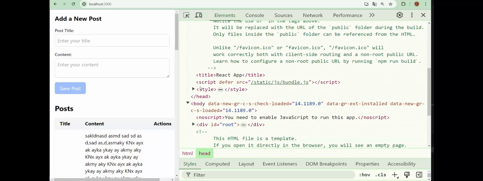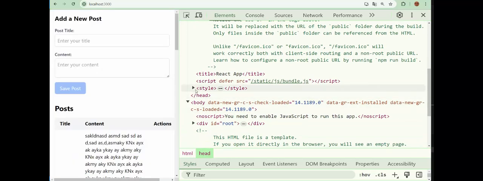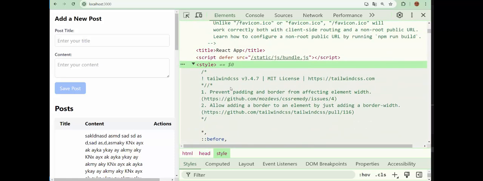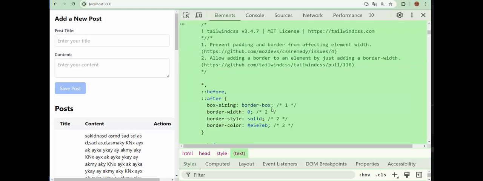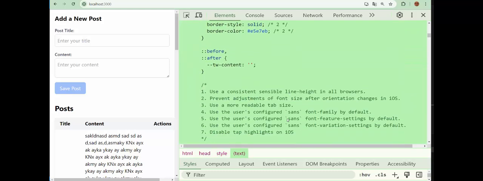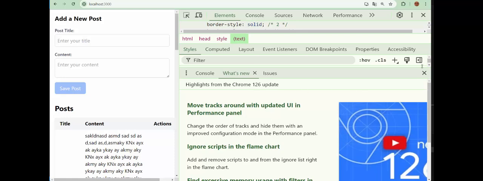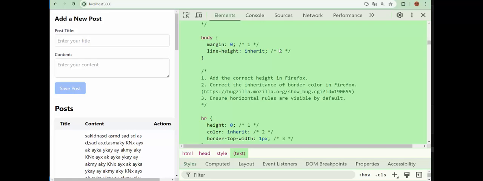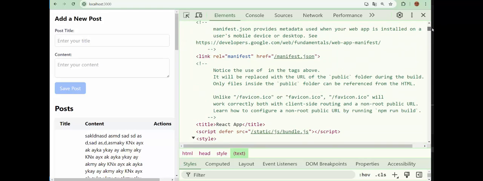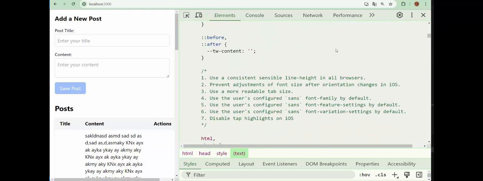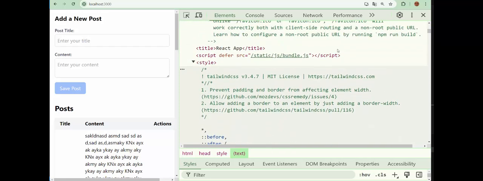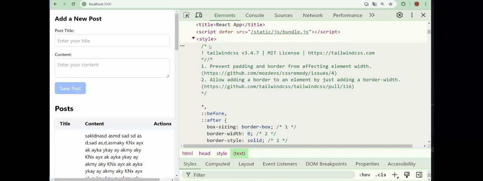After the head section, we have styling here. Look at styling. Oh, here. Tailwind. Look, the style is here.